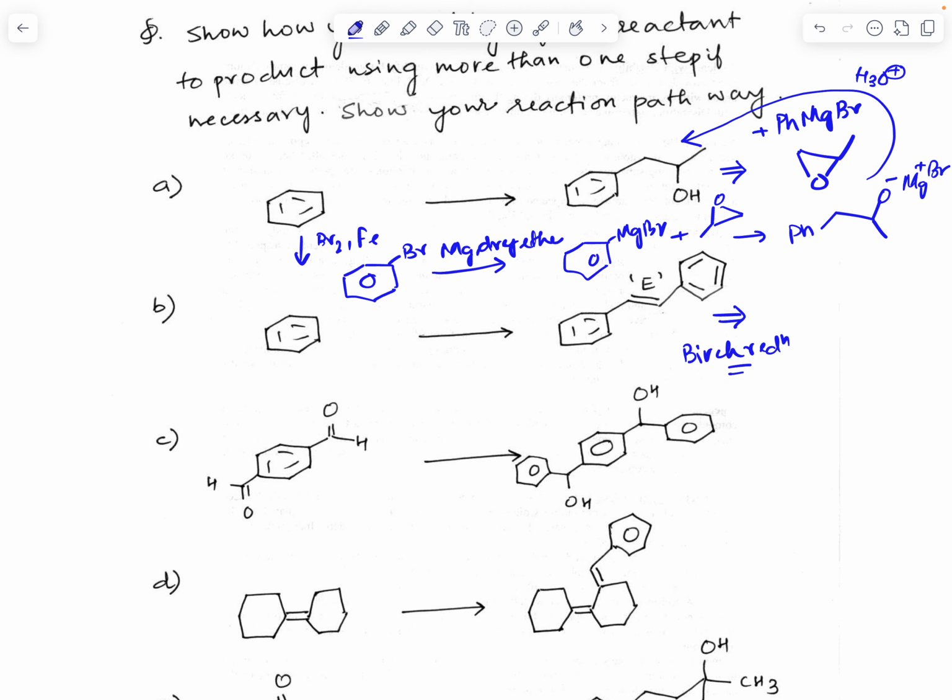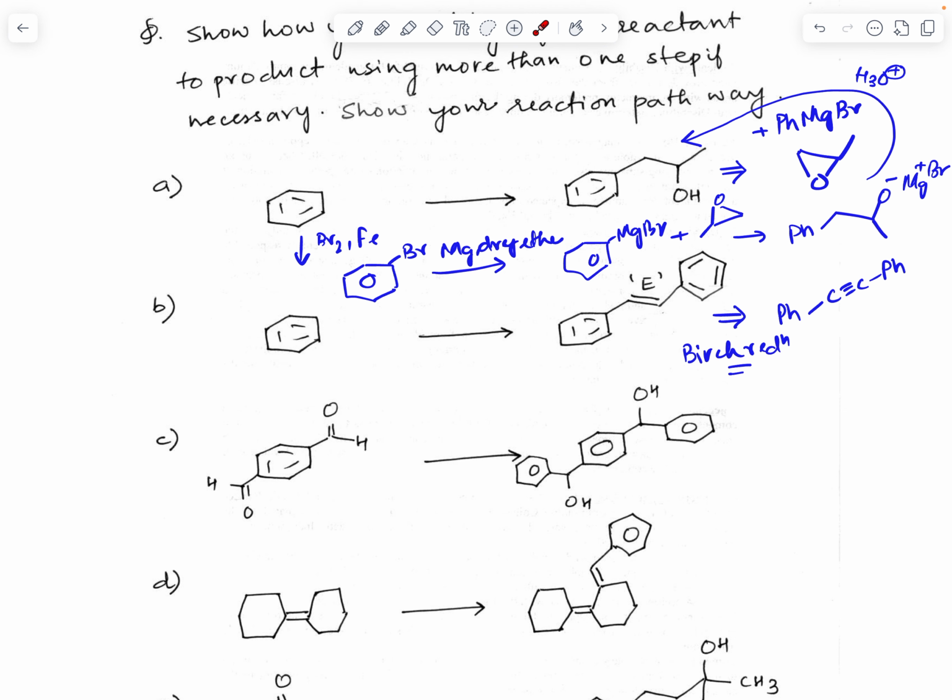Okay. So let's go ahead and go back. And because I don't have much space out here, I'm going to do PhC triple bond CPh. Okay. Now the question is, well, how am I going to make this from this? Okay. So let's see.